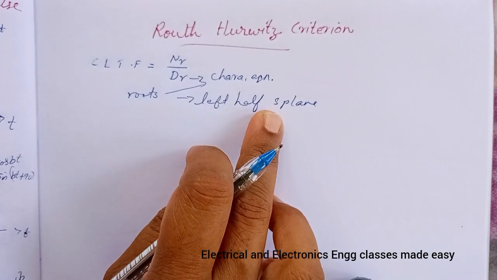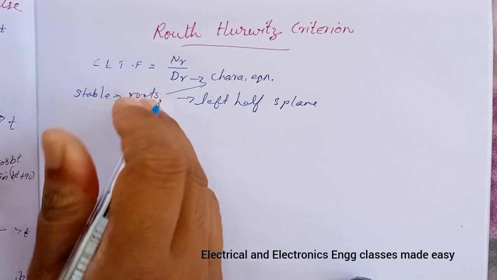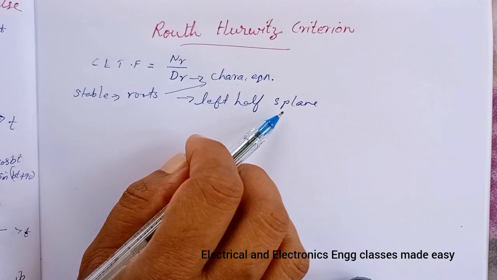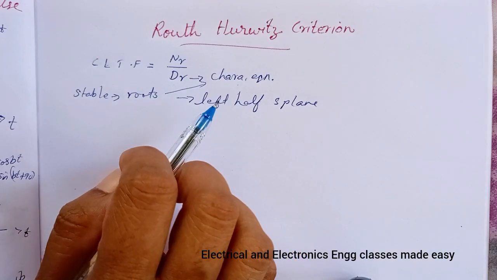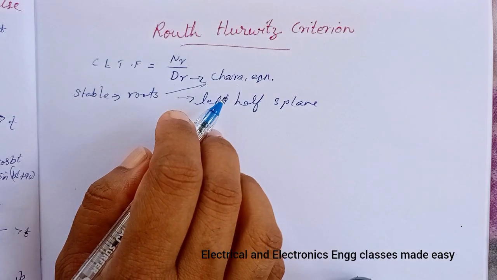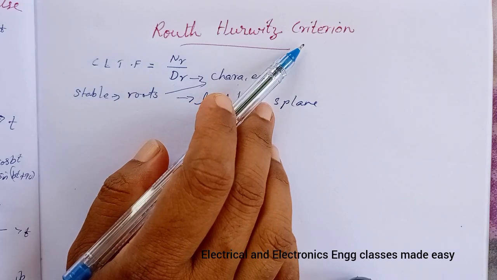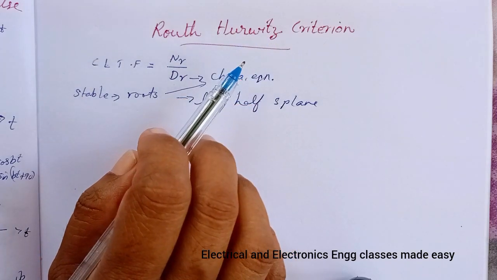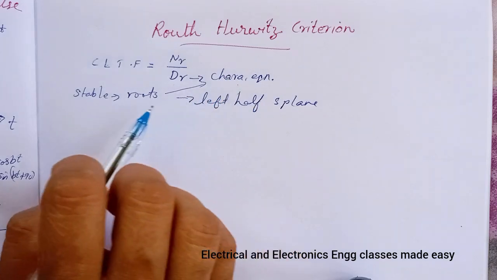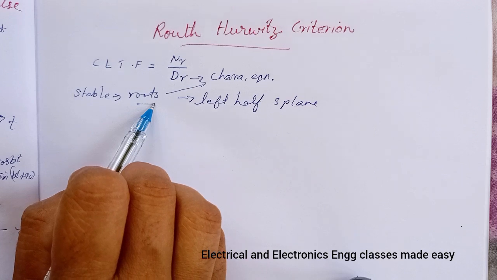So for a system to be stable, the roots of the characteristic equation should lie on the left half of the S plane. So the roots should have negative real parts. And the Routh Hurwitz criterion is an analytical procedure for determining whether all the roots of a polynomial have negative real parts or not.